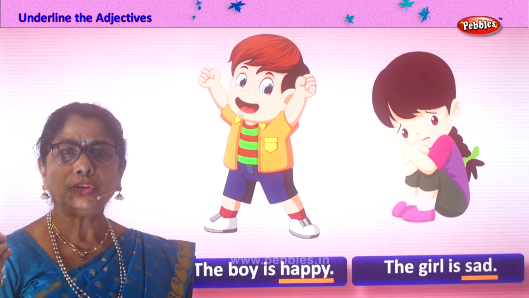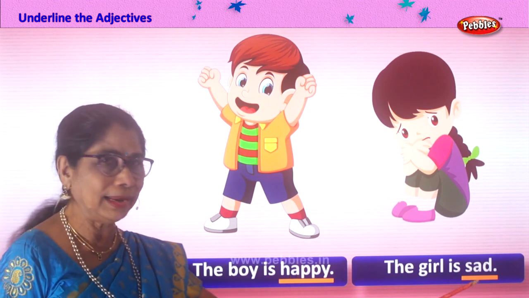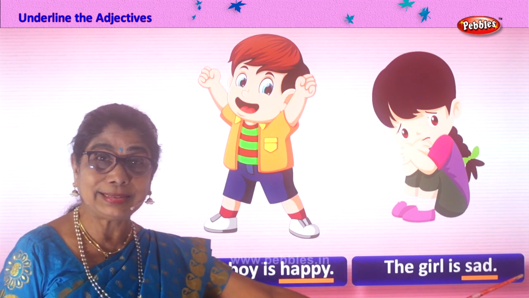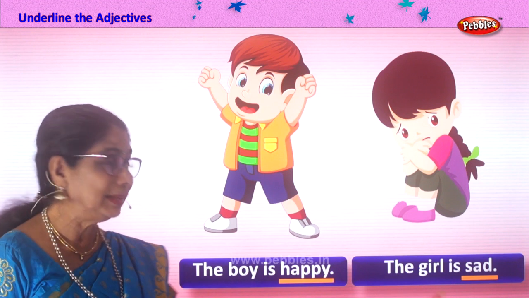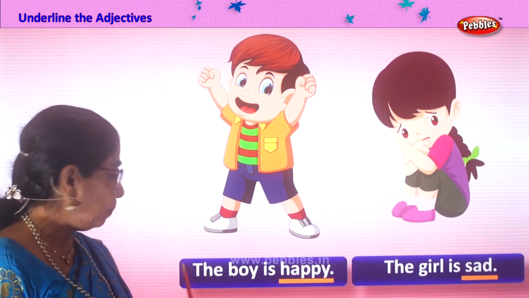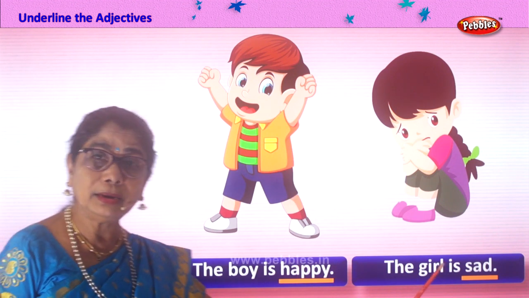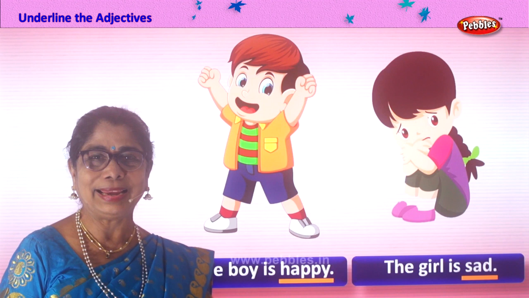Now, look at the two descriptive words. Happy, sad. Opposite of happy is sad. Read the sentence again. The boy is happy. The girl is sad. Opposite of happy, sad.